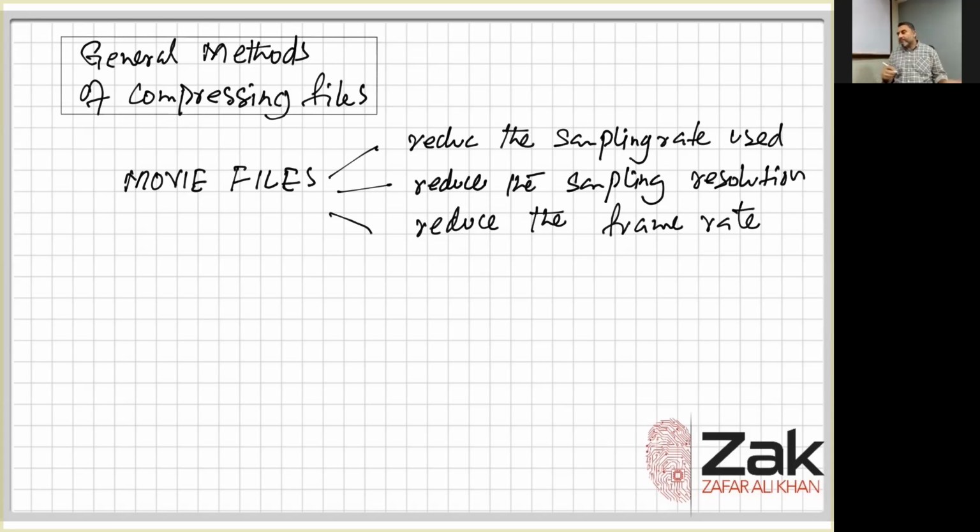What I'm trying to imply here is, what if they ask that instead of using lossy or lossless file compression, what could be the way to reduce the size of the file?